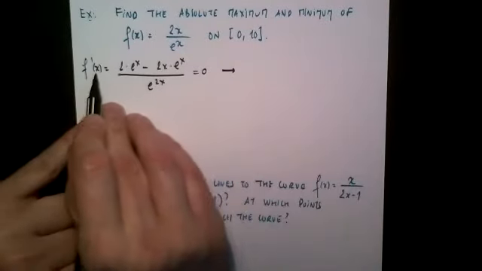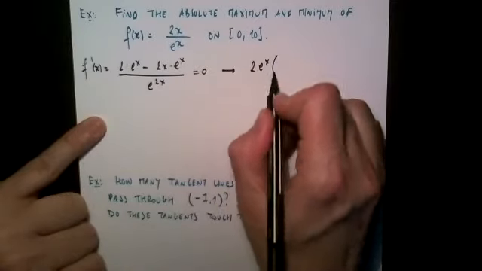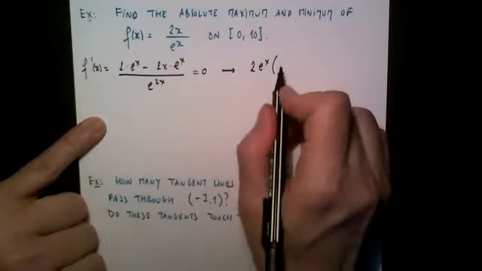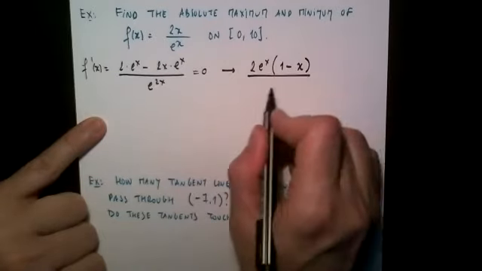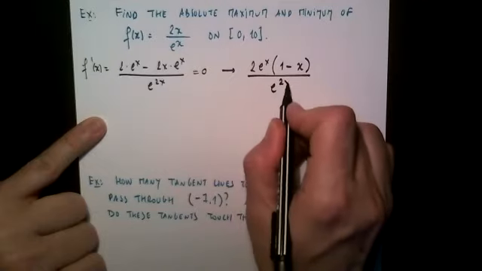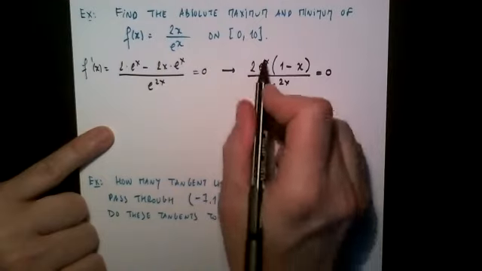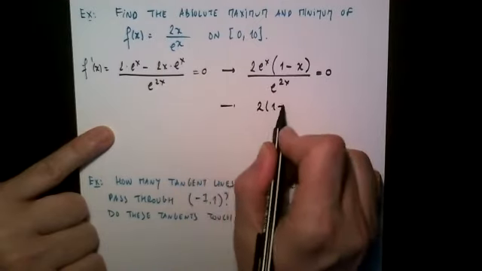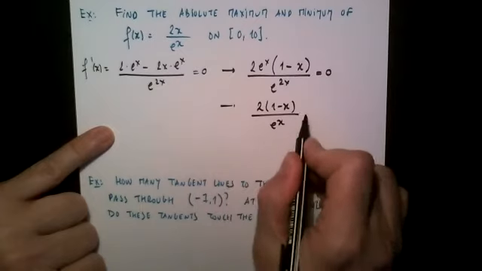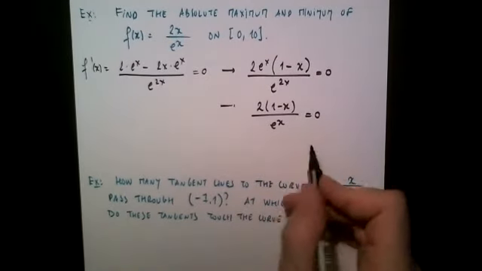So I could factor out 2e to the x times 1 minus x, and on the bottom I have e to the 2x. I could cross out one of the e to the x, so it's 2 times 1 minus x over e to the x equals 0. The only possibility is, of course, if x is 1.